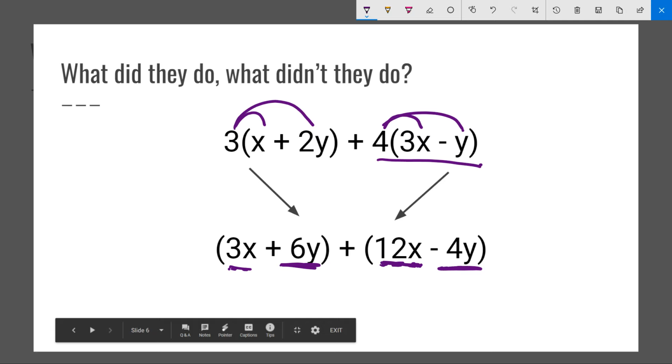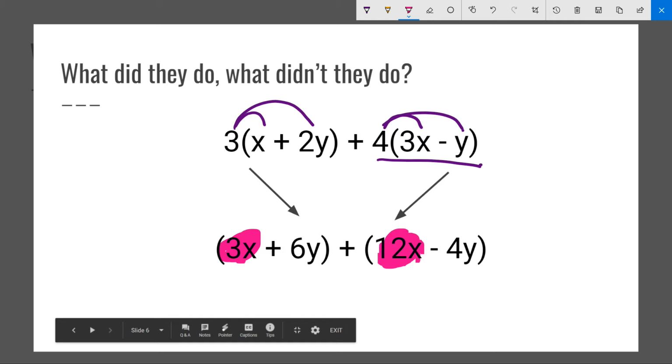It's just that this is not fully simplified. Just because you kind of grouped these in the 2 separate parentheses of like this was the first distributing thing, and this is the second distributing thing, doesn't mean we can't add like terms from here. Okay? Just because this 3x is not in the same parentheses as this 12x doesn't mean we can't combine them.